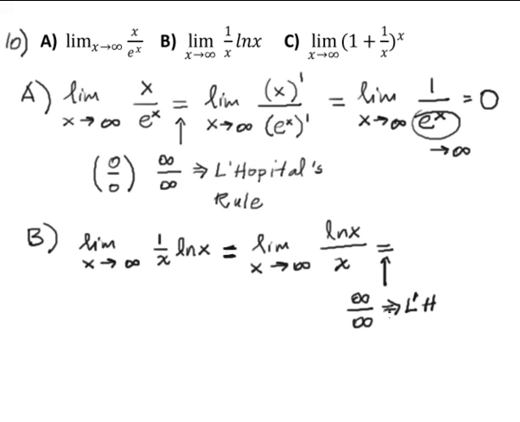I'll just abbreviate it with an L apostrophe H. L'Hopital's rule tells us that the limit is equal to the limit as x goes to infinity of the derivative of ln x divided by the derivative of x. So now when x goes to infinity, this numerator, 1 over x, goes to 0. Okay, so the limit is in fact 0.